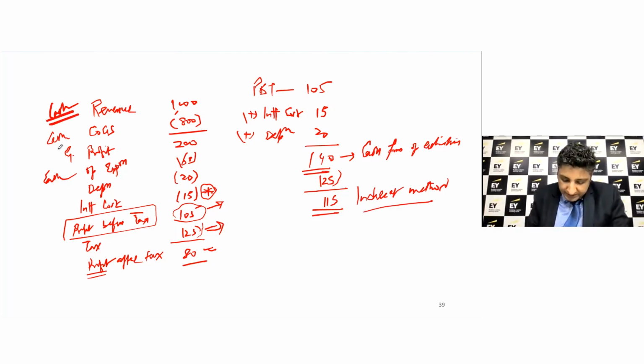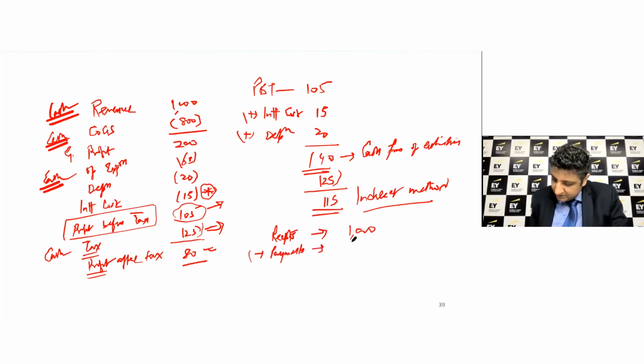Now, if I were to do it in a different manner, let's say, as we said, that these are all cash items, including this tax, for example, I may say my receipts from the customers, which is 1,000, minus payments to suppliers, which is 800.